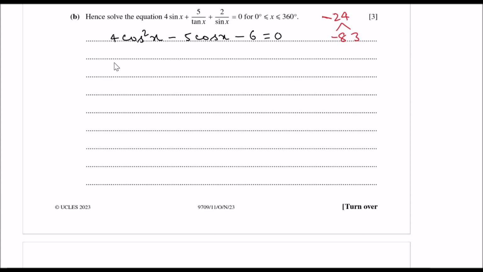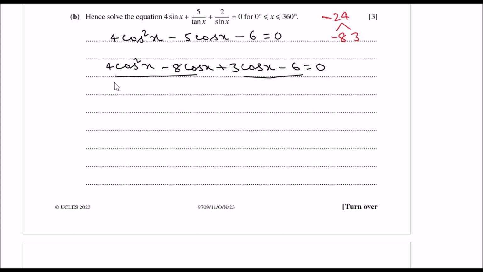So we can write this way. 4 cos square x. So using these two factors, we will split the middle term. So we can write minus 8 cos x plus 3 cos x. Okay, because these are the two factors, minus 8 and 3. Okay, now minus 6, and that is equal to 0. Now factorize the first two terms, last two terms.